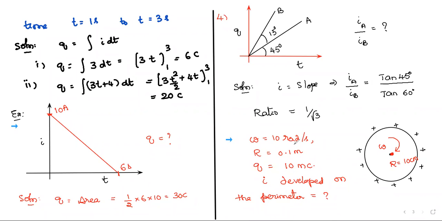If it is rotated with a constant angular velocity, select one small element in this conductor of charge, say dq, for the length dl. Constant angular velocity means to complete one rotation it takes a time we know, that is 2 pi by omega, since omega is constant.